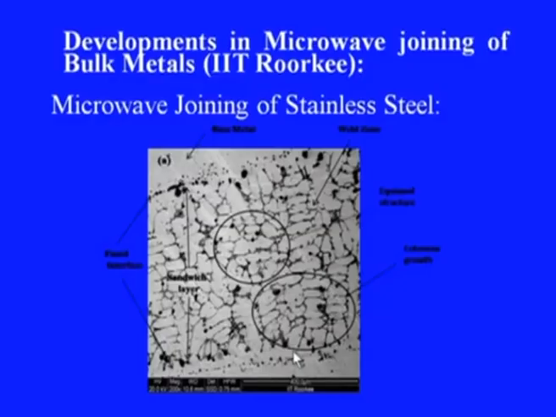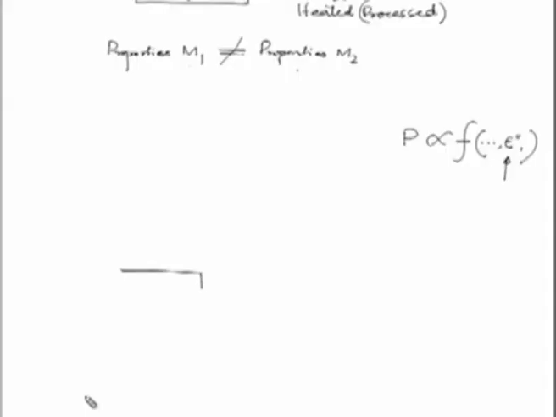That means this interlayer between these two materials is very, very thin. This can be explained like this. This is one of the plates, say a stainless steel plate, then another plate is like this, and they need to be joined.